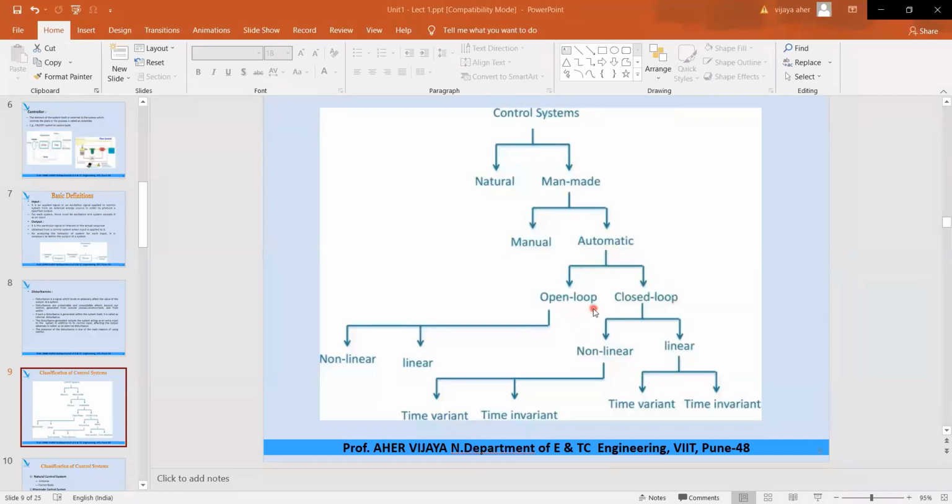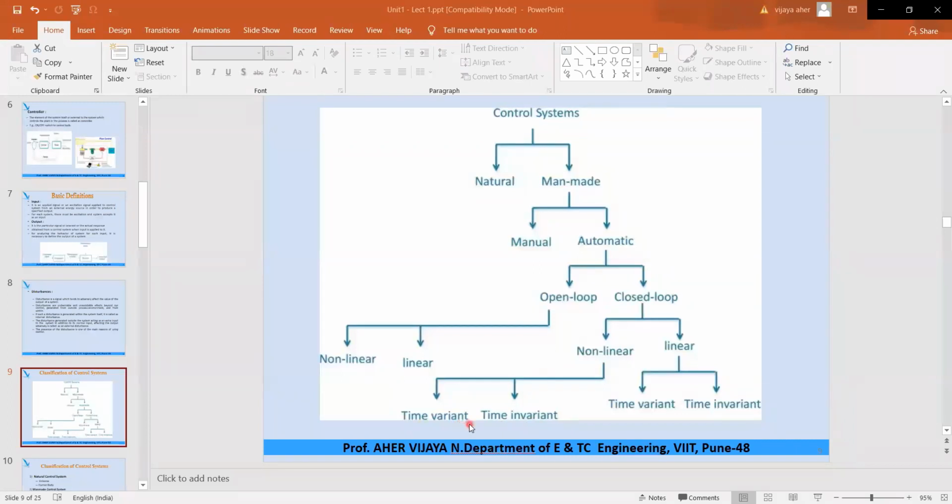This open loop is divided into linear open loop control system and non-linear open loop control system. Closed loop control system is again divided into, similar to open, closed loop non-linear and closed loop linear control system. So this non-linear and linear closed loop control system is again divided into 2 subtypes. Time variant and time invariant non-linear system.